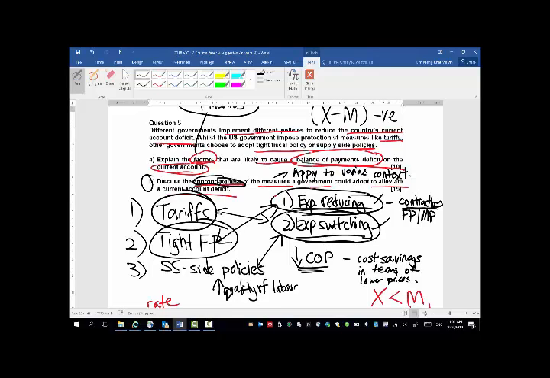Because there are 4 macro goals. We know we can't achieve all 4 at the same time. This is what you can use in your evaluation. So it's really down to prioritizing what is the problem. Most economies may have 2, may have 3, or even all 4 problems at one time. But you cannot just say, I want to achieve all 4 goals all at once. You probably want to prioritize.